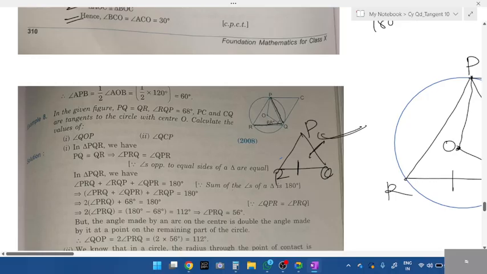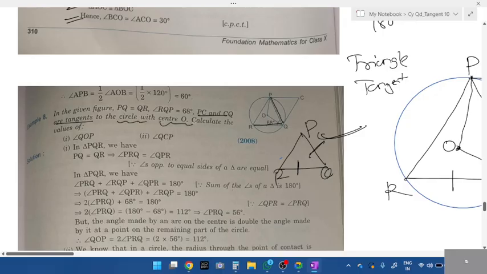Remember that first concept. Next, PC is equal to CQ. What is PC, students? Any line which touches at one point of the circle, what do you call? They've already given here. PC and PQ are tangents. So the isosceles triangle concept, the tangent concept. What else do you have to apply? Obviously, a circle is given, right?